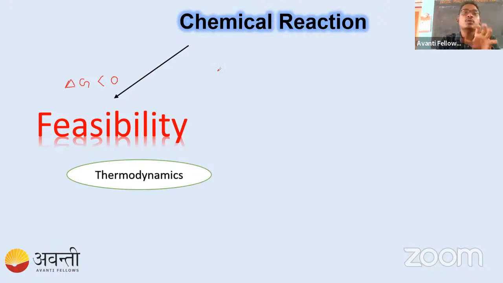Suppose you put petrol with fire, then this is feasible and it will proceed. Suppose you put petrol with water, it will not burn, so this is not feasible. For a reaction that proceeds, the delta G value is negative, less than 0, and if it is greater than 0, it is not possible.